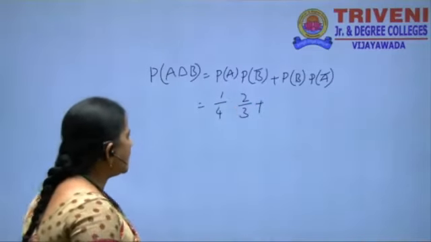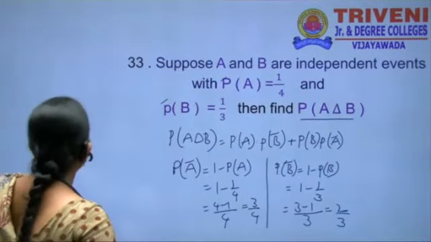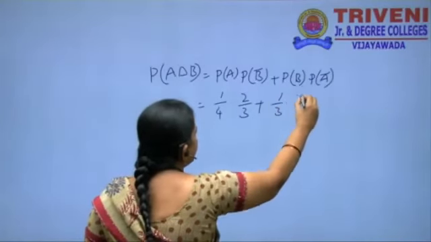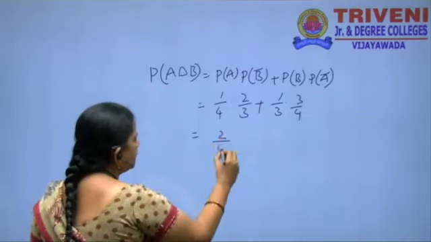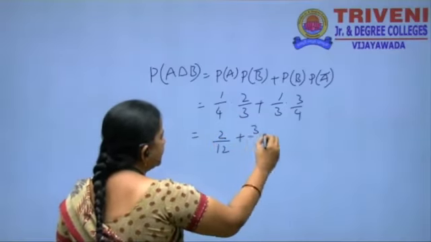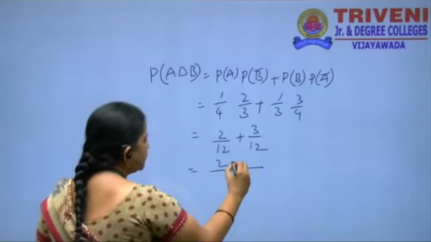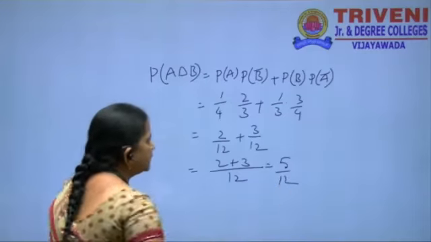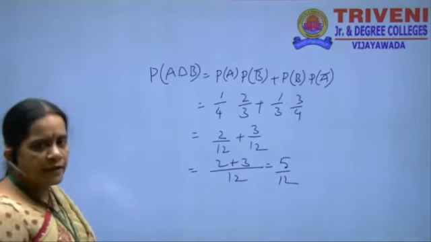The value of P of B is 1 by 3, into 3 by 4. Here 2 into 1 is 2, 4 threes are 12. Here 3 into 1 is 3, 4 threes are 12. Here the LCM is the same. 2 plus 3, that is equal to 5 by 12. Therefore, P of A delta B is 5 by 12.